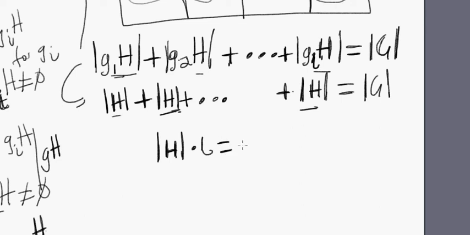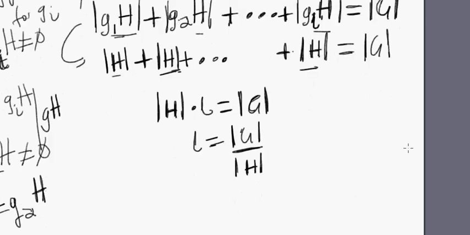Okay. Well, if cardinality of H times L equals cardinality of G, what does that mean? It means that L equals cardinality of G over cardinality of H. Well, if there exists some natural number L, remember L was a natural number, for which cardinality of G divided by cardinality of H gives us that natural number, well, what does that tell us?